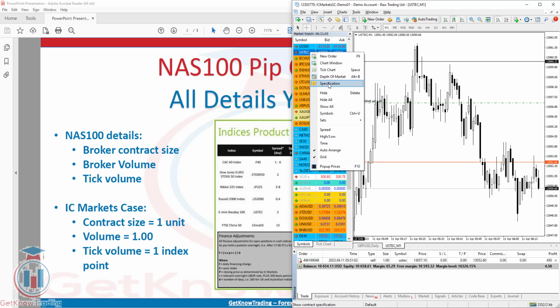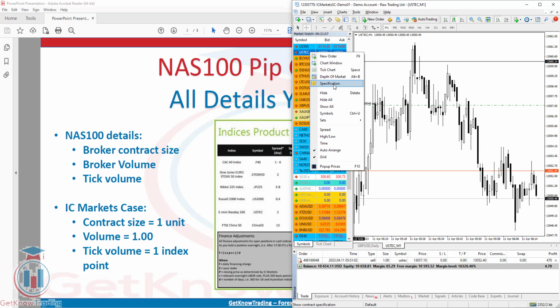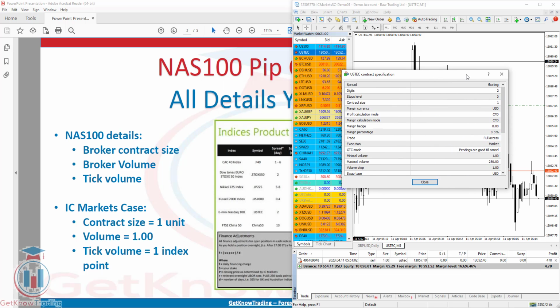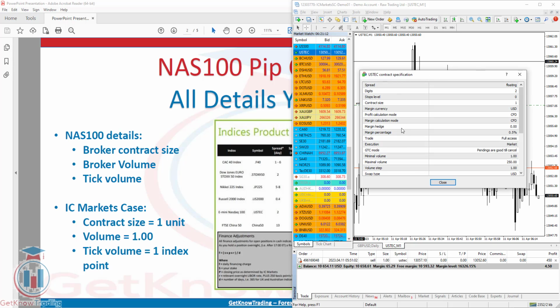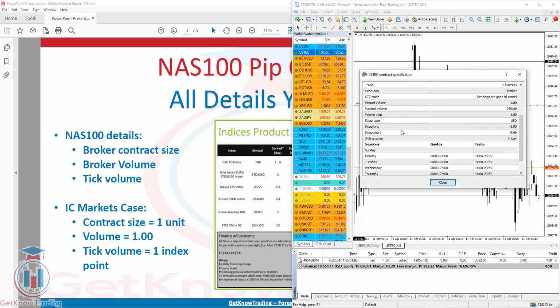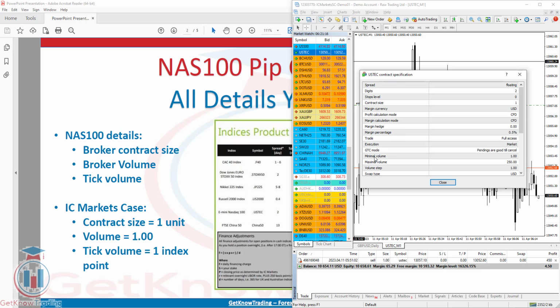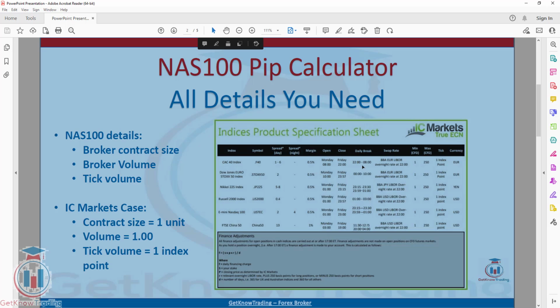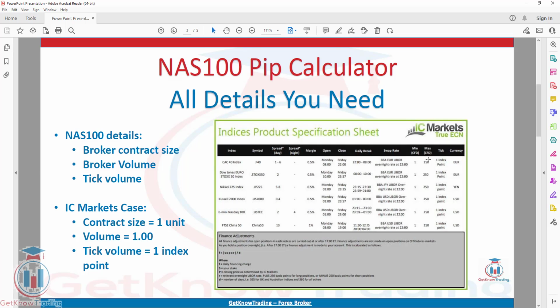Then in this menu, select specification, which will open a new window. This window shows you details about this symbol on your trading platform. So for example, here it is the minimum volume and the maximum volume, which we have seen here. Minimum, maximum, which is 1 and 250, and the one index point is a tick.